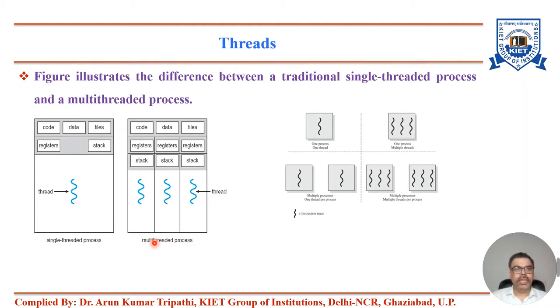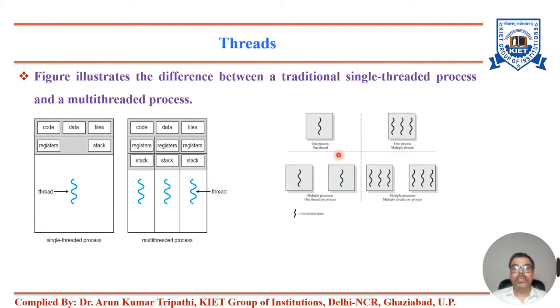So in that case, it will contain the stack and registers with each thread. Here thread 1, thread 2, and thread 3. Each has its own stack and registers, while code, data, and files are shared among the different threads.